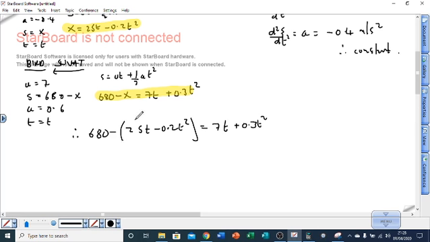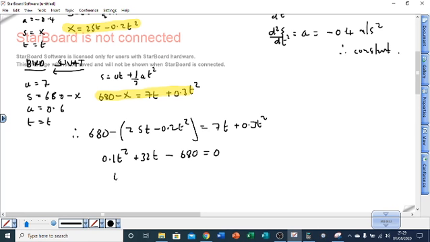Expanding this out, it all goes on to this side. So over here I end up with 0.1 t squared, negative 25t comes over to make a positive, and added to that gives you 32t, and 680 comes over to make minus 680, and that is all equal to 0.